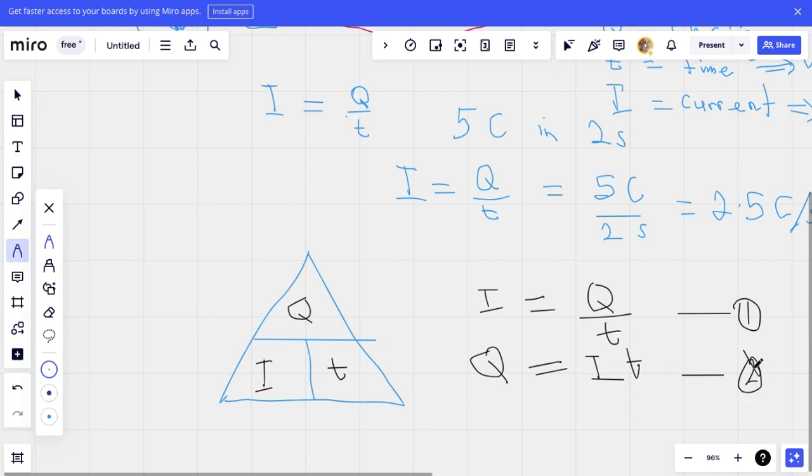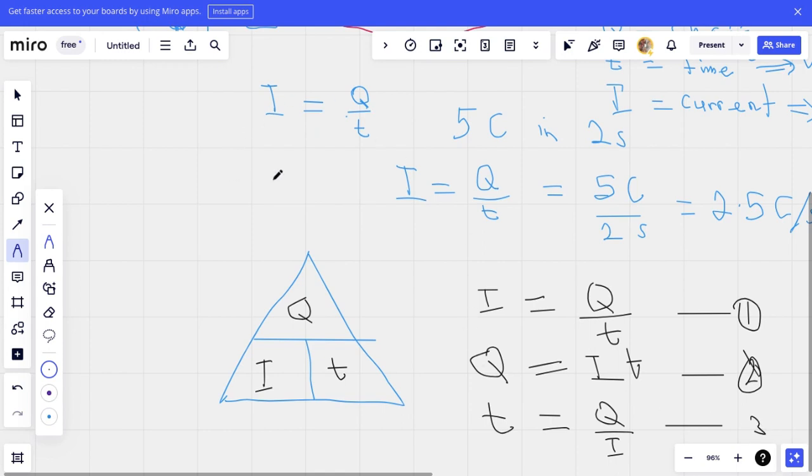The third one is time. So you're looking for time, and you're given charge and current. So time is charge divided by current. That's what time is. So we call this equation 3.